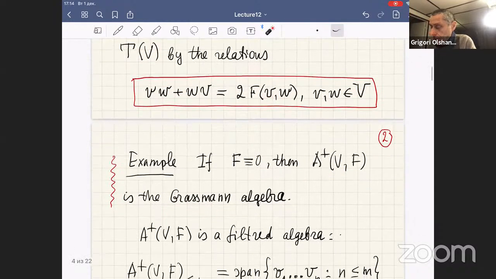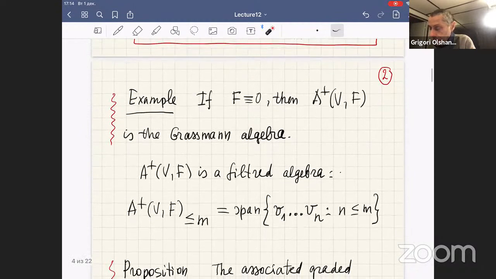Returning to the general situation, note that our object is a filtered algebra. We have a natural filtration by proclaiming all vectors from V to have degree 1.